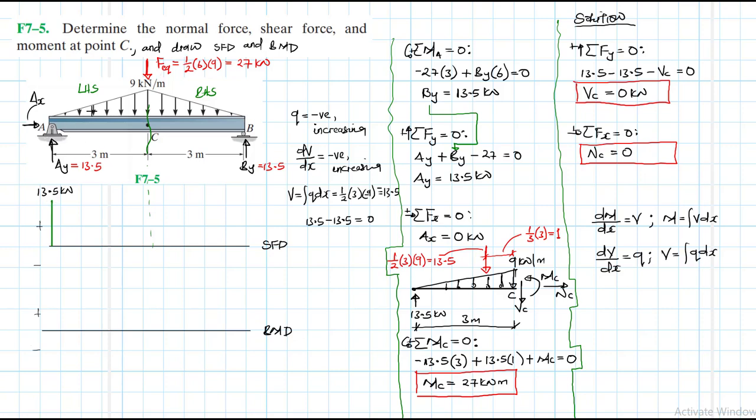And when you look at the loading, it is governed by a polynomial of degree 1. It's a linear equation. So you expect the shear equation to be quadratic, or a polynomial of degree 2. So it will be something like that up to there.